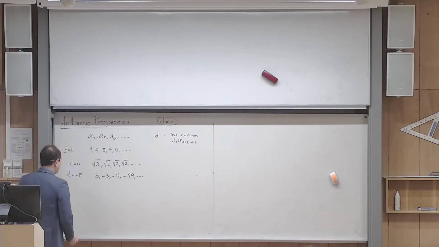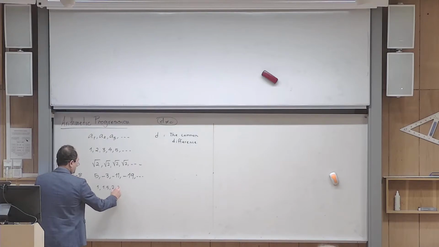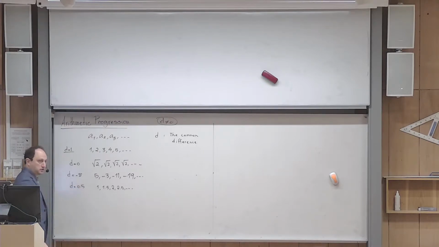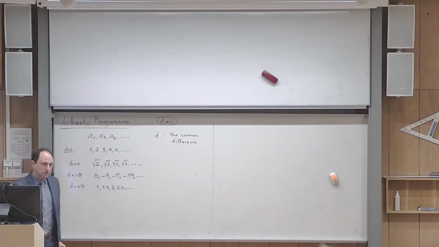It can also be, for example, like this. I have 1, and then I have 1.5, then I have 2, then I have 2.5, and etc. You see that the common difference here is a fraction. Yes, so any number that you can imagine can play the role of the common difference, and it will generate a sequence for you. So in order to know the arithmetic progression, 2 pieces of information are enough.